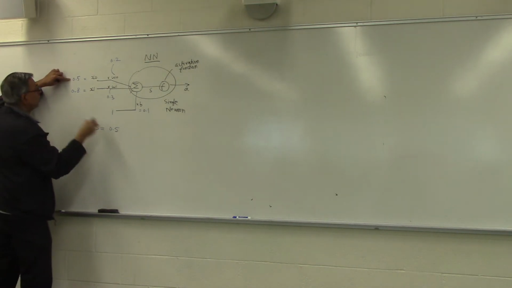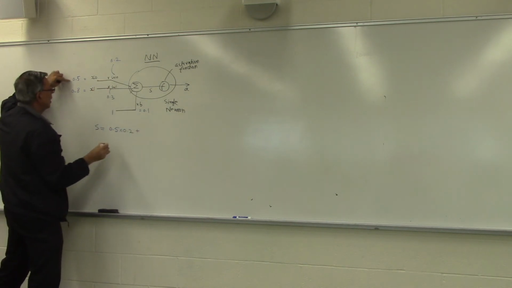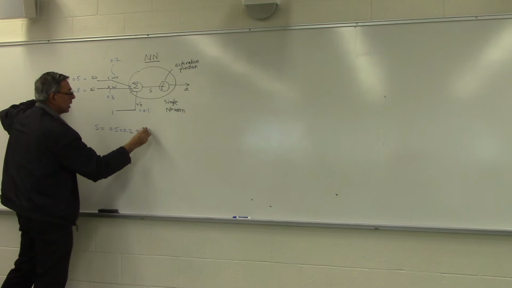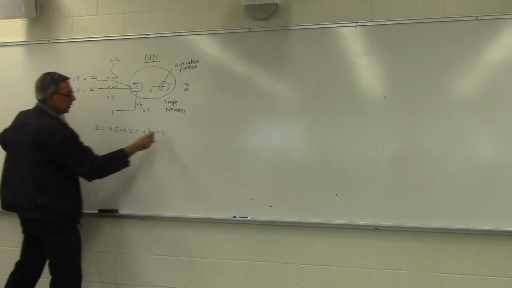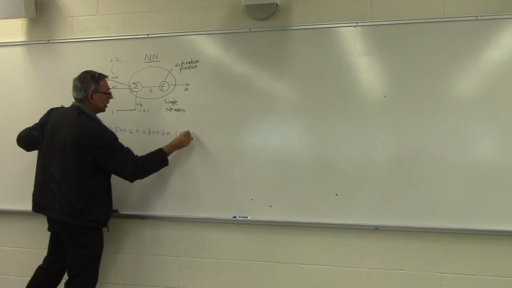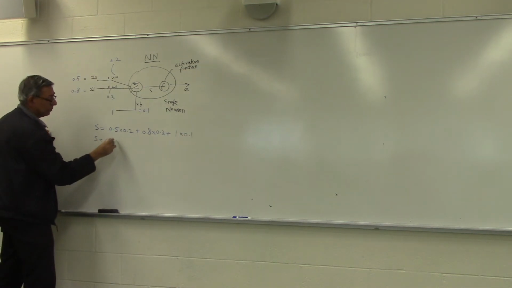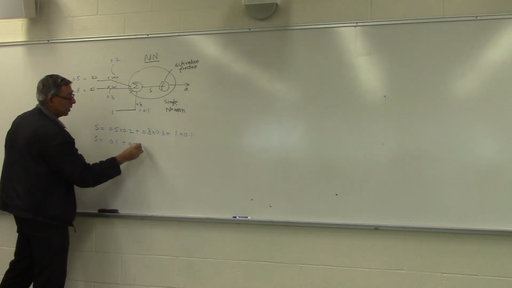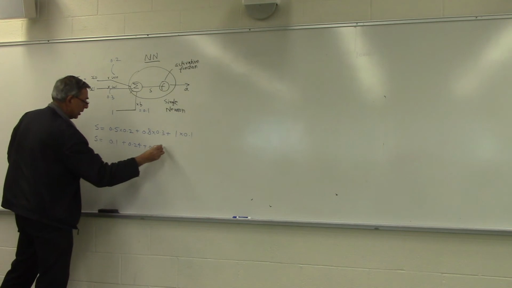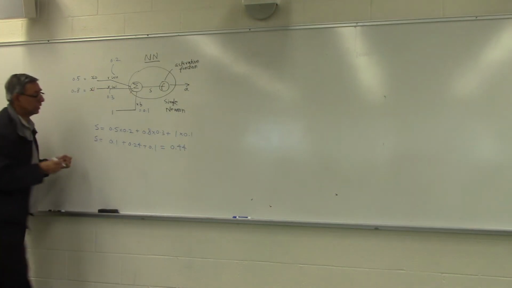Very easy: 0.5 times 0.2 plus 0.8 times 0.3, plus 1 times 0.1. So this will be 0.1, this will be 0.24 plus 0.1, so this will be 0.44, as you can see, right?